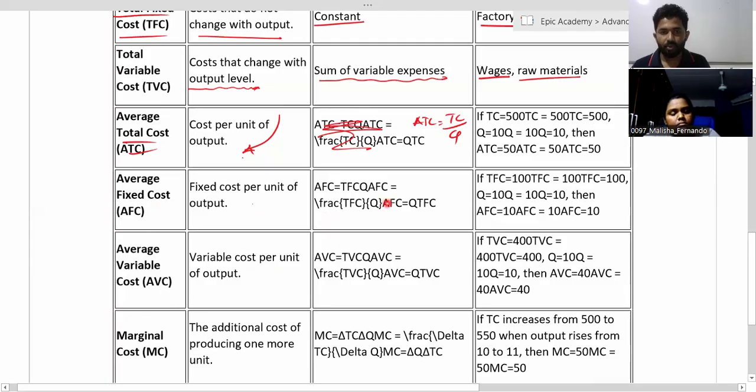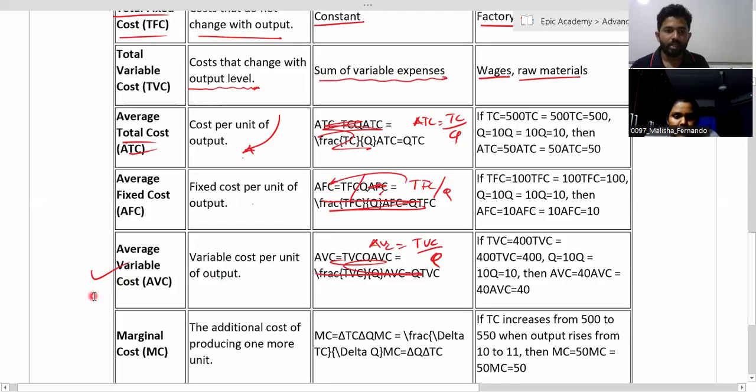That's how we can calculate it: AFC equals TFC divided by Q. That means fixed cost per 1 unit. Then this one, variable cost per 1 unit. AVC, average variable cost. How can we calculate it? AVC equals TVC divided by Q.